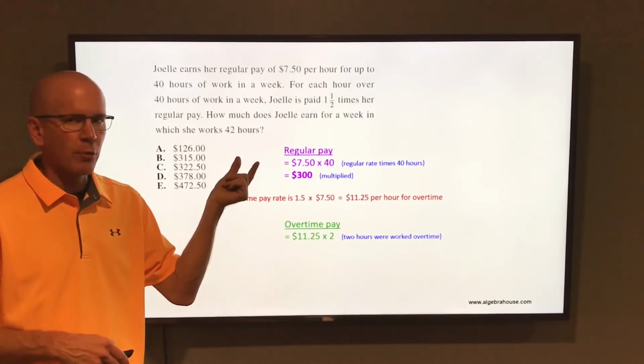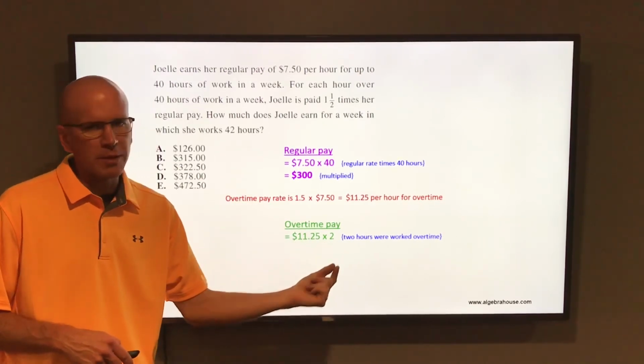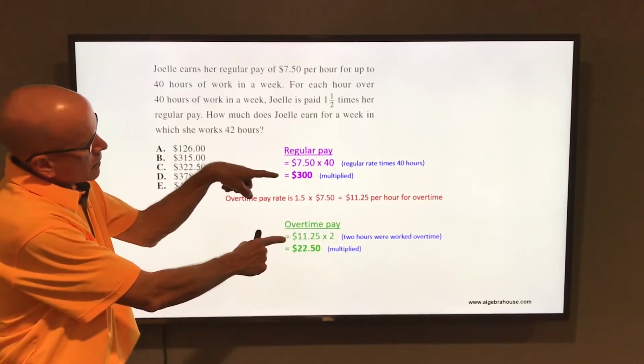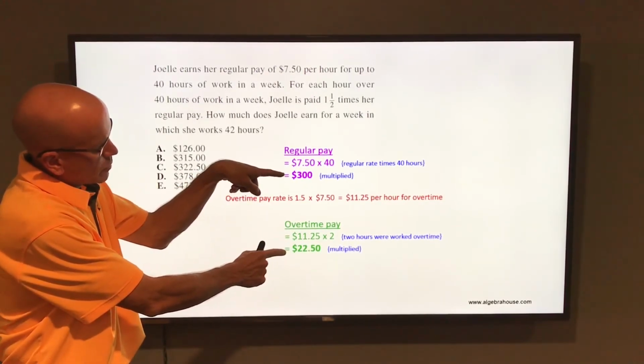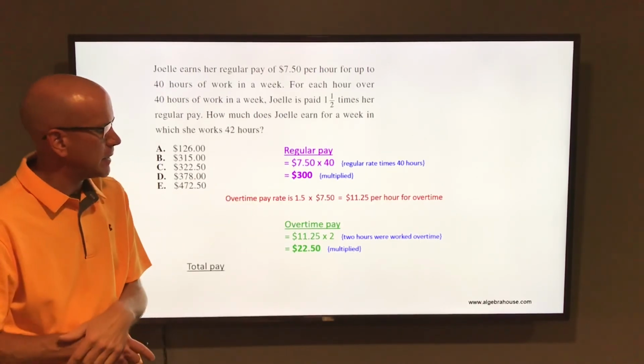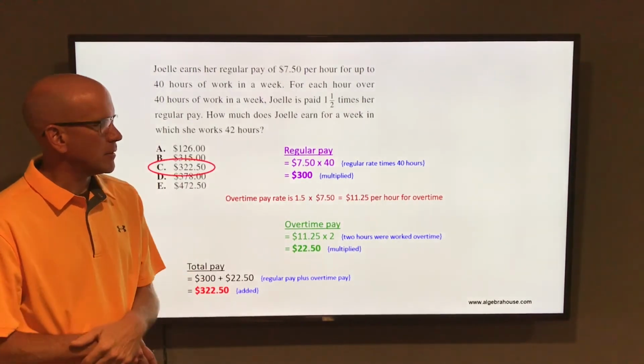So that means she has 40 regular hours with 2 overtime hours. So her overtime pay would be $11.25 times 2, or $22.50. So the magic calculation here is the regular pay plus the overtime pay, $300 plus $22.50. That is $322.50, which is letter C.